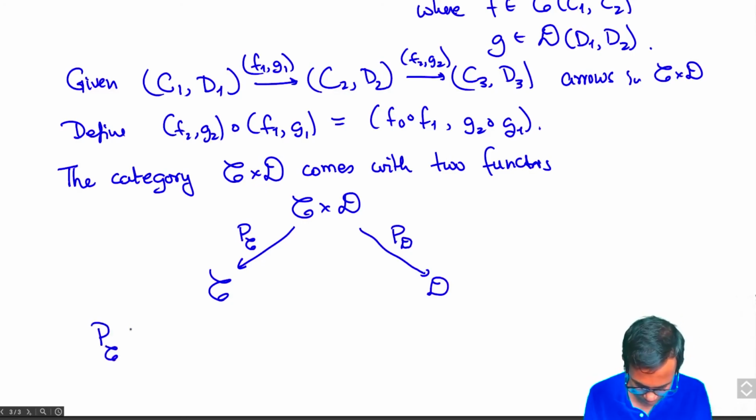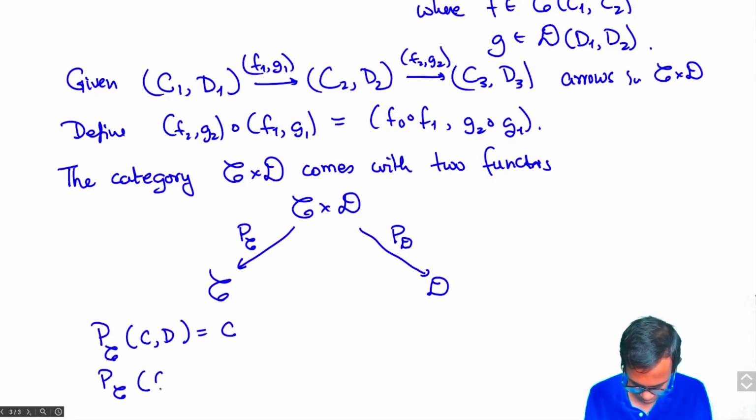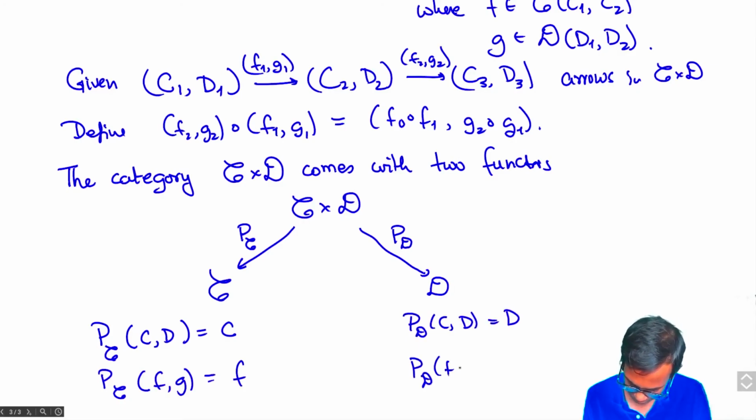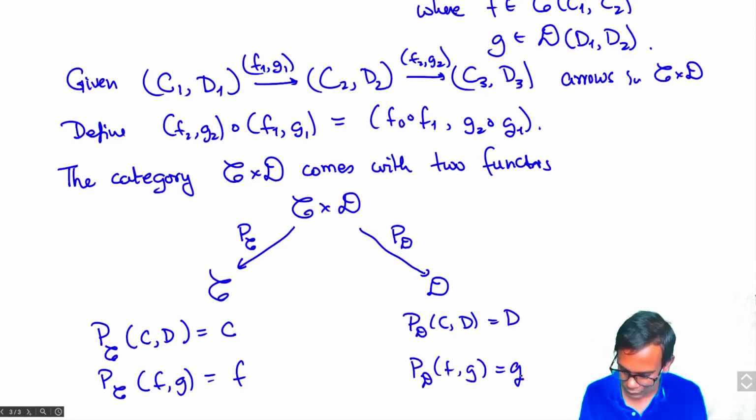P subscript C of (C, D) is going to be C. P subscript C of (F, G) is going to be F. P subscript D of (C, D) is going to be D. P subscript D of (F, G) is going to be G. You should check that this defines functors from C cross D to C and D.